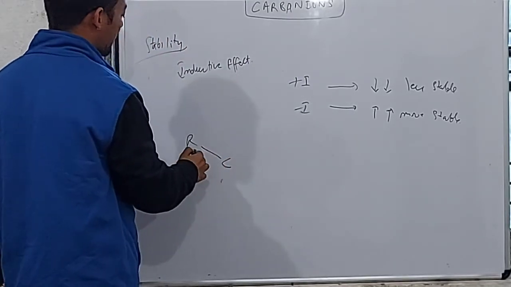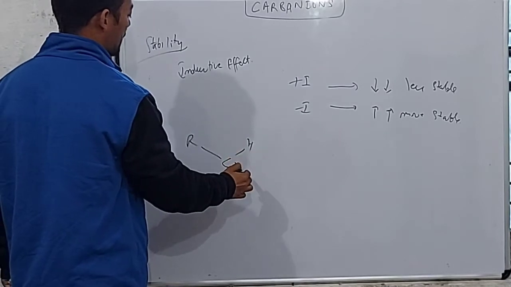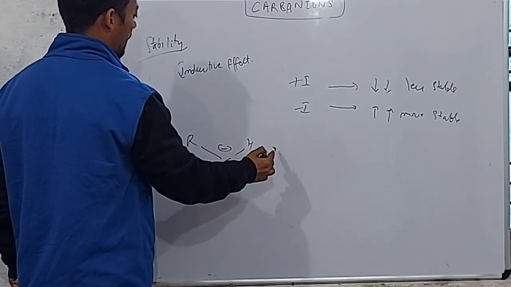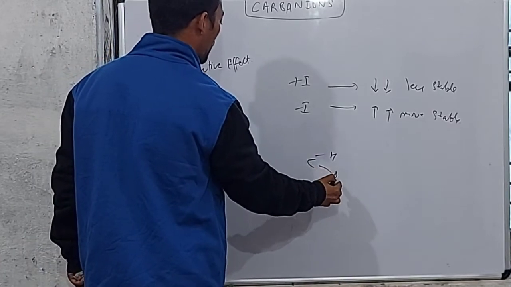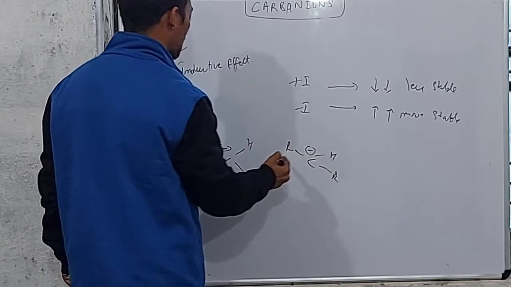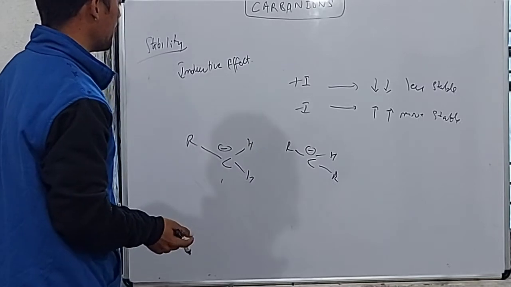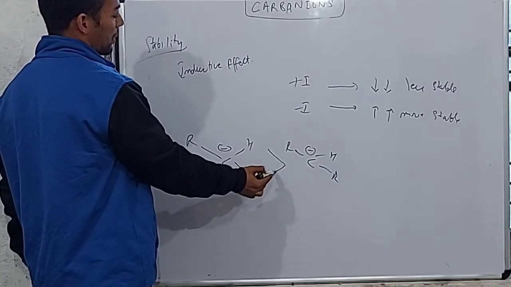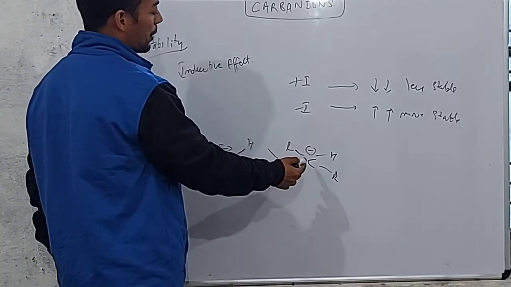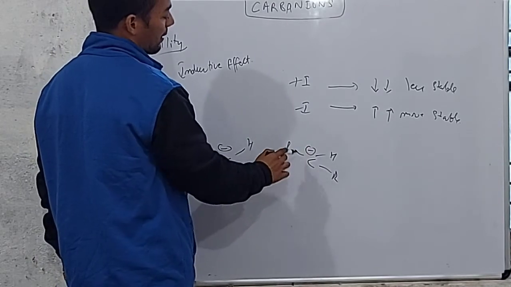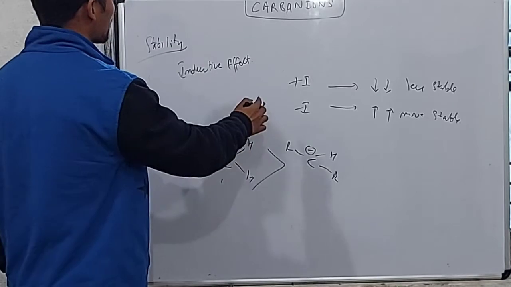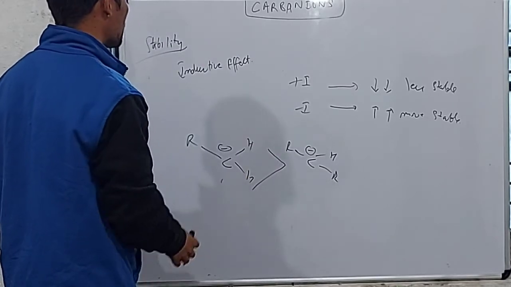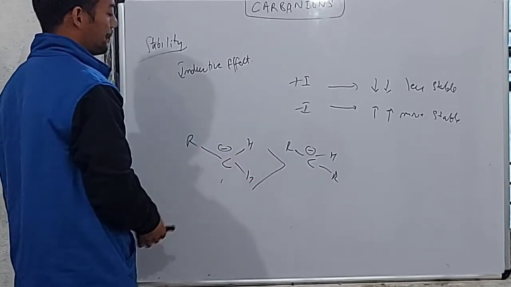For example, this is an alkyl group and these are two hydrogens, and in the next structure we have two alkyl groups. Which one of these will be more stable? This will be more stable because in this particular structure there are two alkyl groups, and alkyl groups are providing positive inductive effect. So this is why this will be more stable.